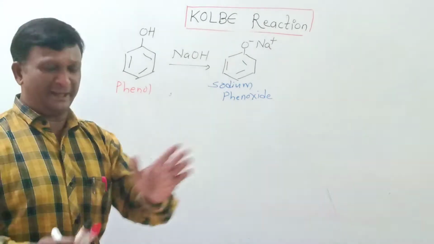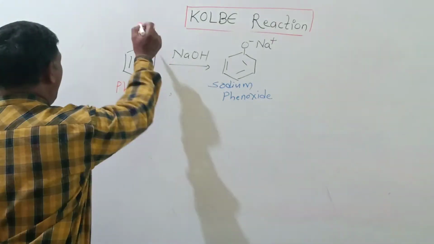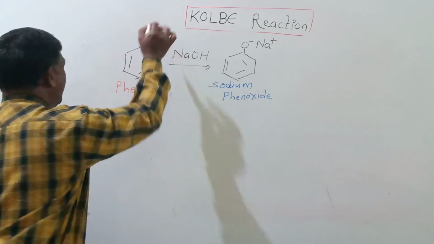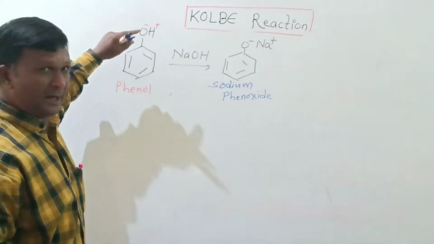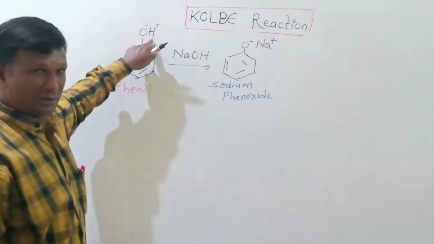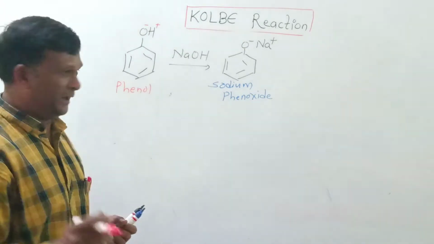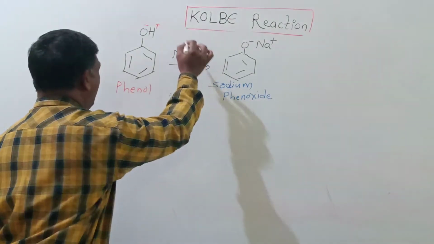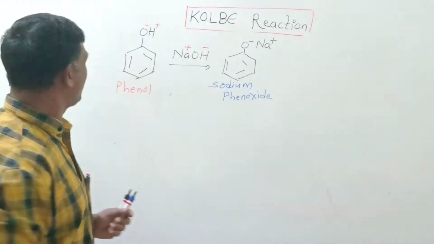Phenol is acidic in nature. That means it has such a kind of structure where there is a negative charge on oxygen and a positive charge on hydrogen. Sodium hydroxide is also ionic and it has a positive charge on sodium and a negative charge on the hydroxide ion.